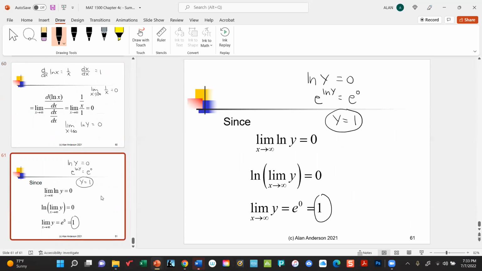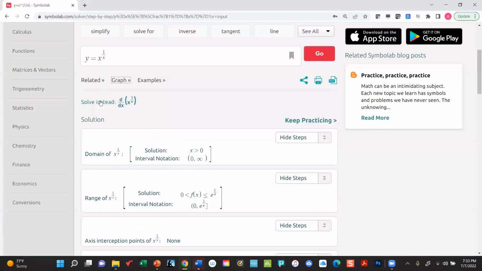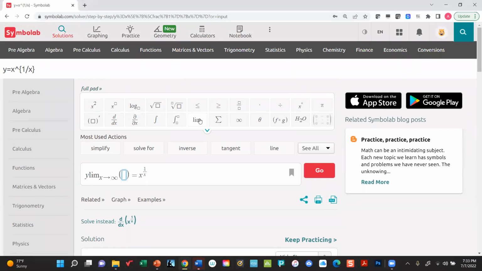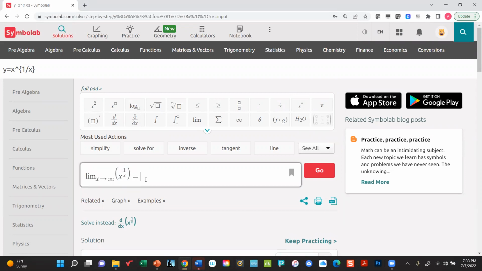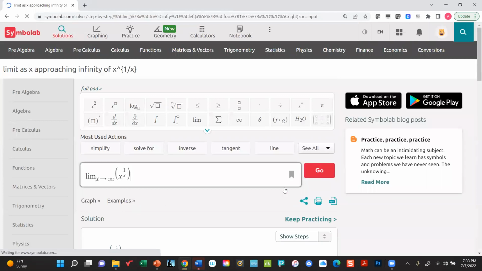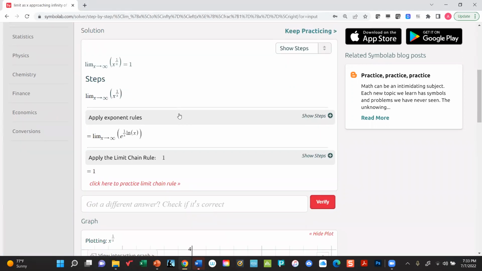Okay. So again, let's just let Symbolab do its thing. So it is 1. And they're offering to show you.